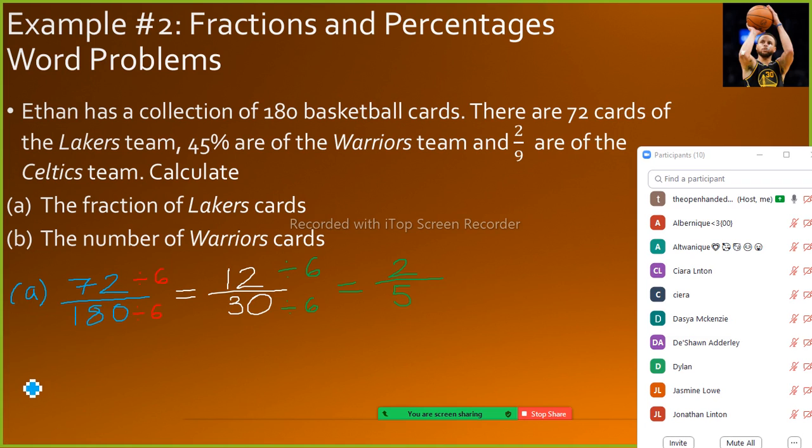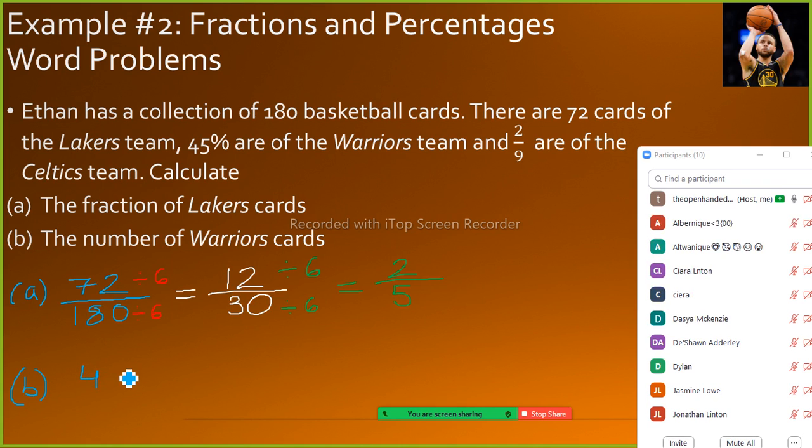Okay, Deja, can you help me out with B? How are we going to do that? So we're going to find 45% of 180, and we're going to put 45 over 100 times 180. Very good.